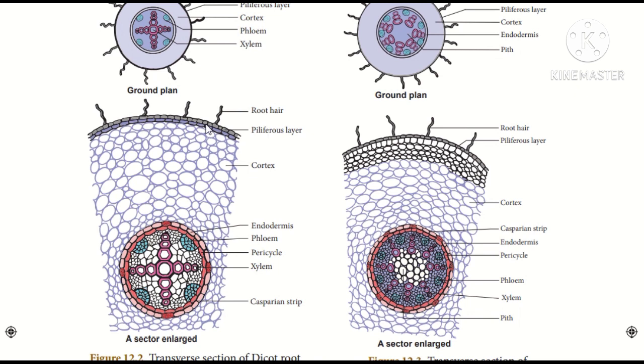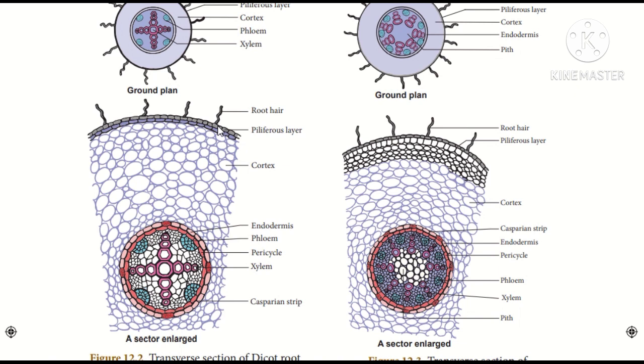What is the cuticle? The outermost waxy coating present above the covering is called the cuticle. Stomata are the minute openings present. Cuticle and stomata are absent. So epiblema is the outermost covering, cuticle and stomata are absent, and the root hairs will be unicellular.